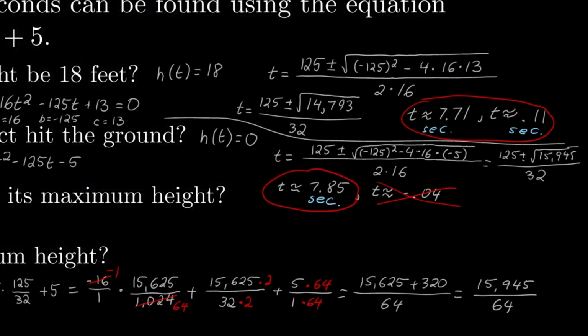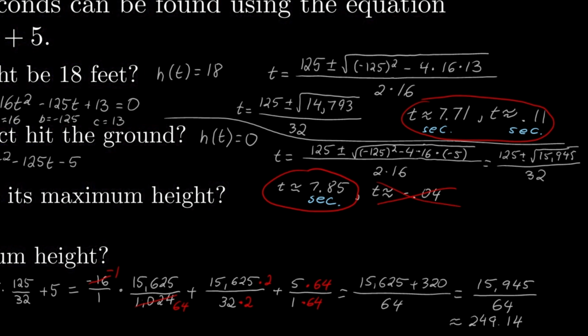over 64. Mathematically, this will be the exact answer, but again, since we are in a real-life application, we need to give just an approximated answer using appropriate units. 15,945 divided by 64 is approximately 249.14.